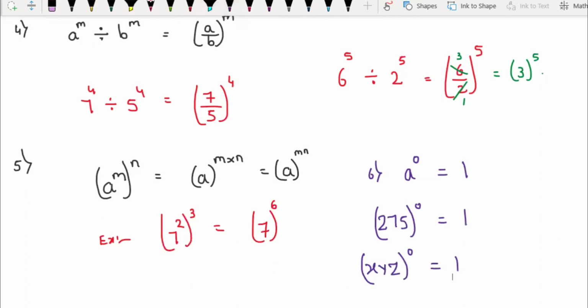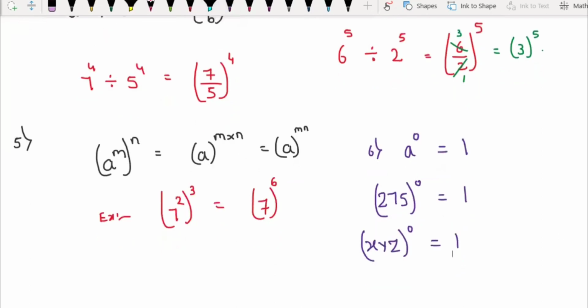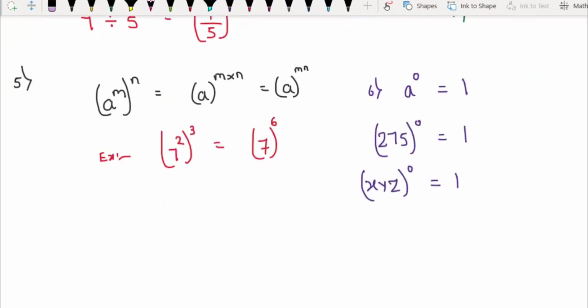Let us go with the last exponent law. It is a little bit completely different from whatever we discussed till now. It's like a to the power of minus m is equal to 1 by a whole to the power of m.